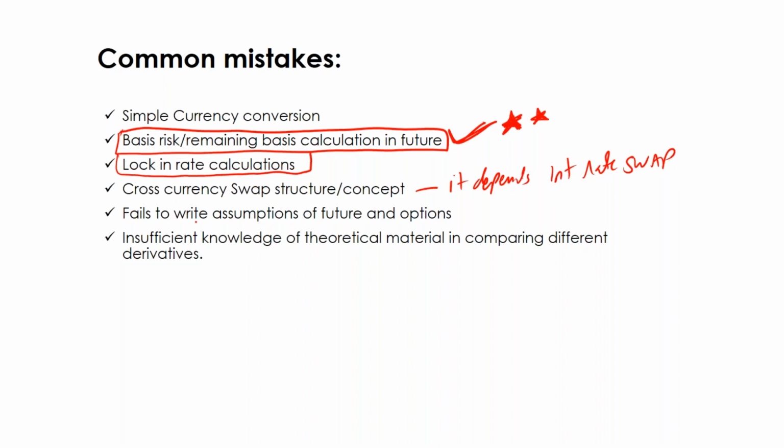Students often fail to write the assumptions of future and option, so you should know the comparison between future and option. Theoretical material is very simple. You should know the comparison between forward, future and option, the difference between exchange traded and over the counter, and the advantages and disadvantages of swaps. So these are the common mistakes.